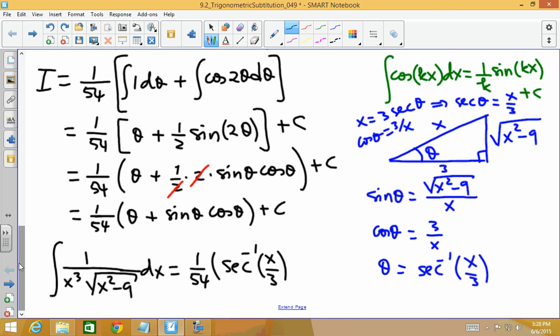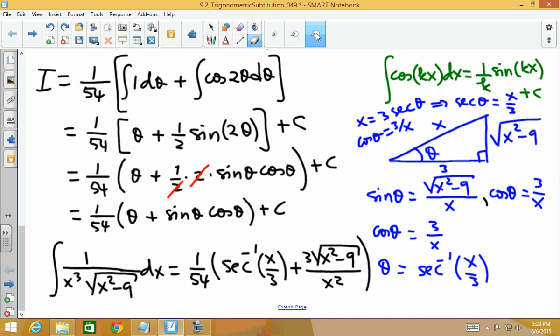Multiplying these two gives 3 times the square root of x squared minus 9 divided by x squared. I can rewrite cosine as 3 over x.